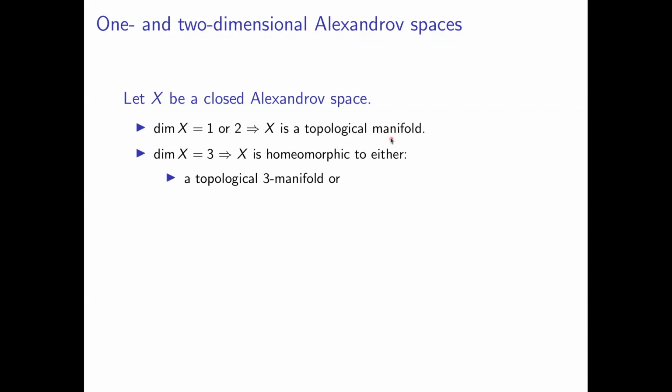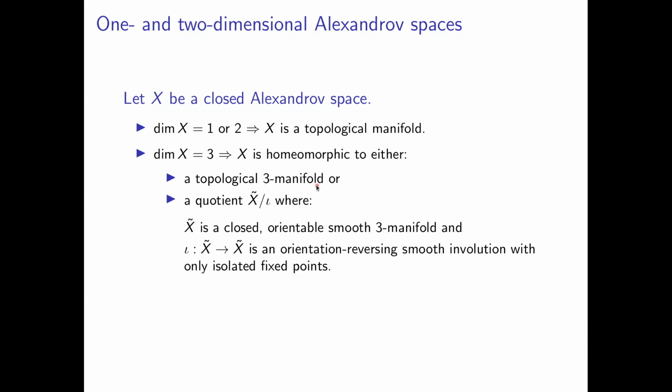And in dimension 3, this is where something new happens. Here in dimension 3, the space X is homeomorphic to either a 3-manifold or a quotient X tilde mod iota, where X tilde is a closed orientable smooth 3-manifold, and this map iota is an orientation-reversing smooth involution with only isolated fixed points.